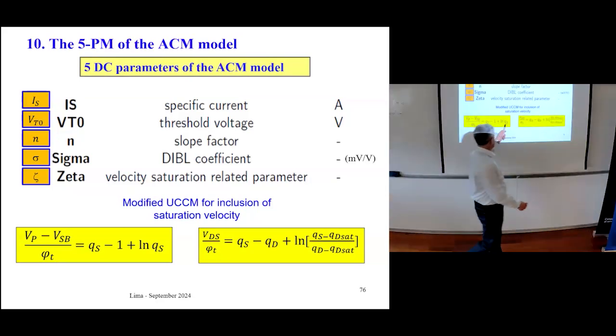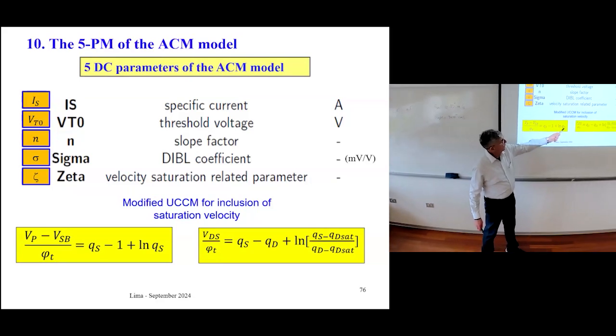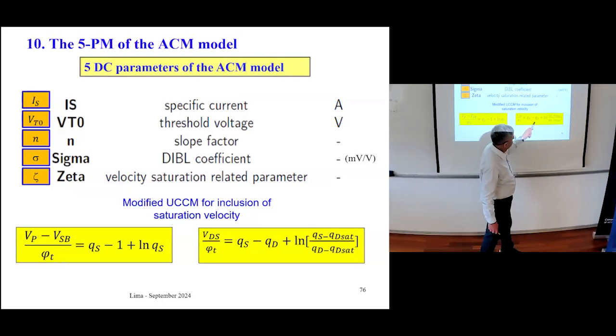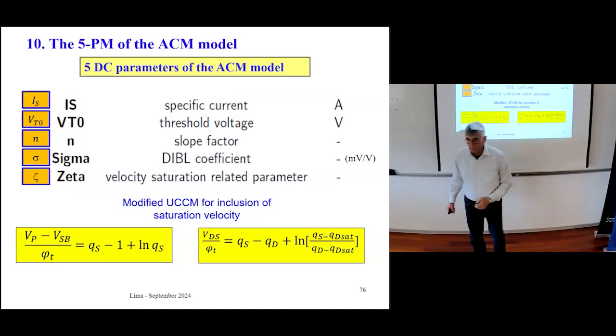This would be the calculation for the inversion charge density at the source, and this would be for the inversion charge density at the drain. Look, this parameter which is written here is a function of QS.